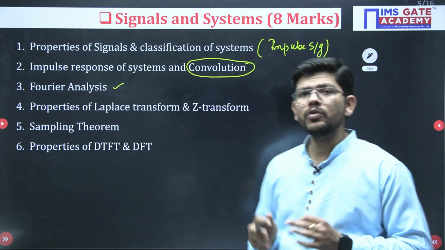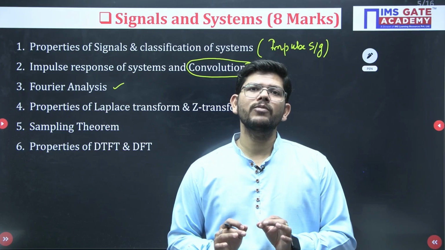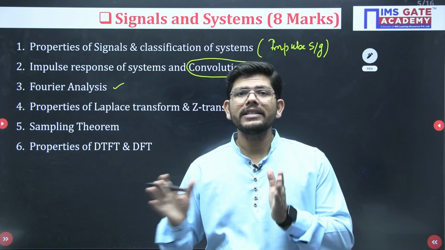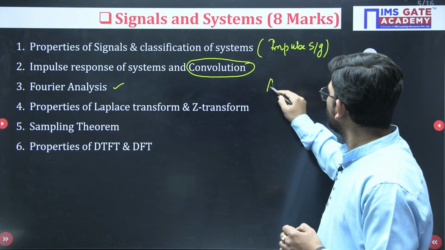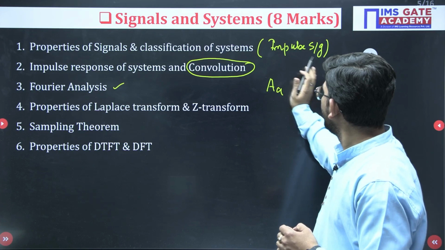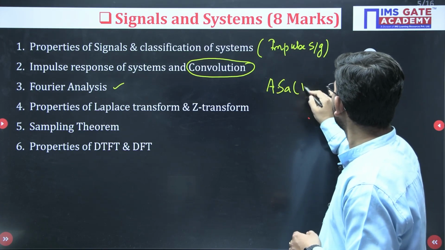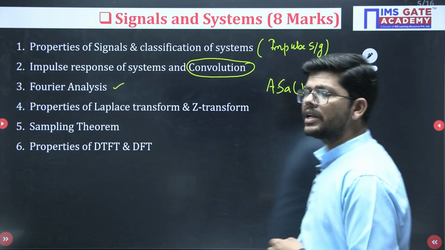Now when it comes to Fourier transform, prepare all the properties of Fourier transform and questions related to properties. Okay, these are very important. Specifically, if suppose you have a signal like A sinc(KT), okay, so what should be the Fourier transform of this particular signal?